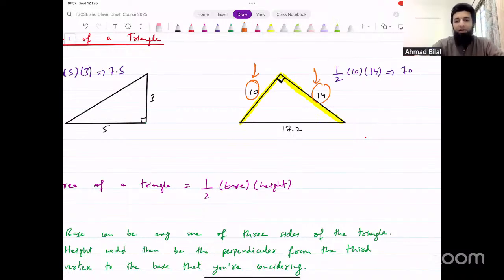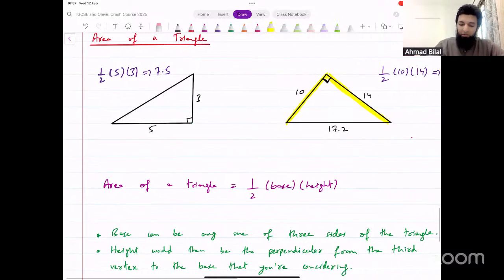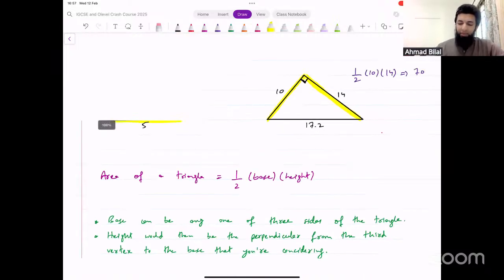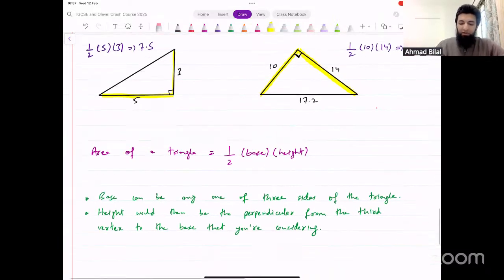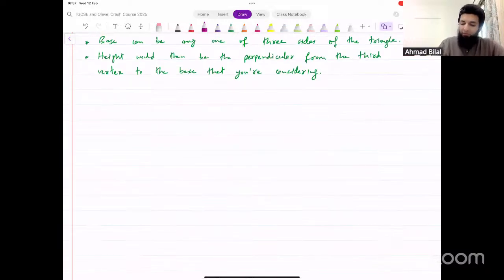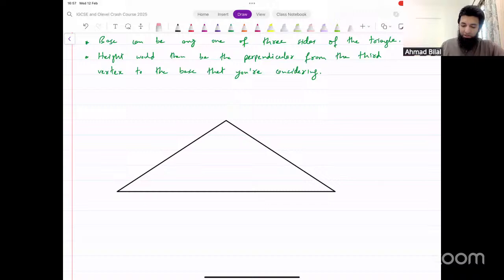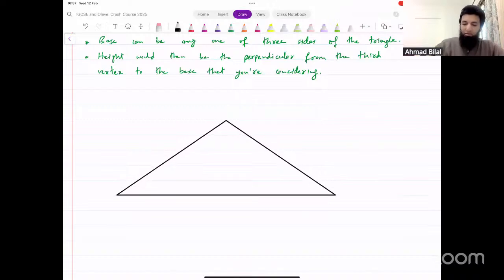Okay. Now in a right angle triangle, it becomes fairly straightforward like this, that we take one of these perpendicular sides the base and the other would be height. But what if it's not a right angle triangle? What if we have a random triangle now? So now let me draw another triangle, which is not a right angle triangle. So let's say I draw something like this.